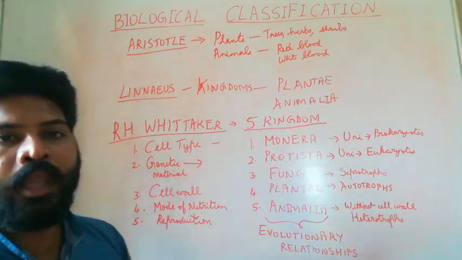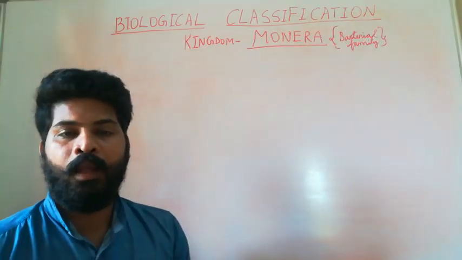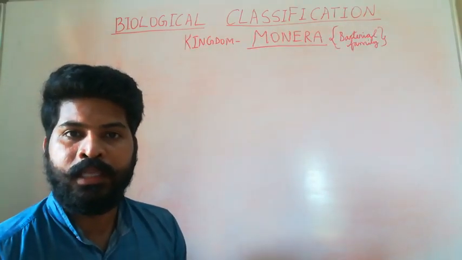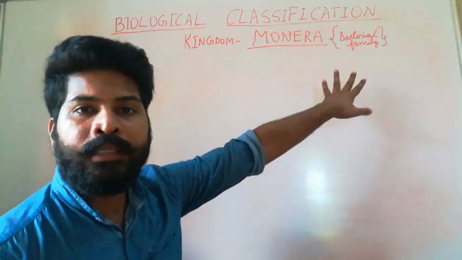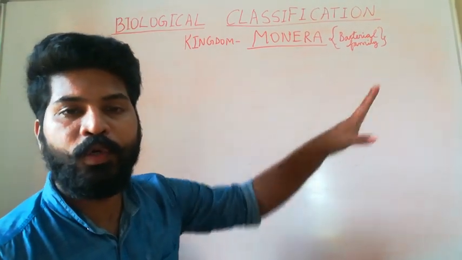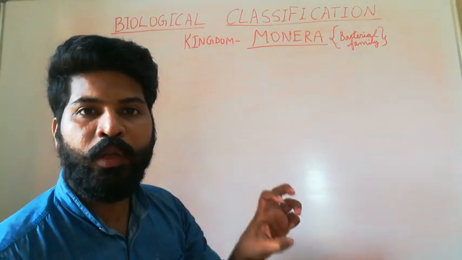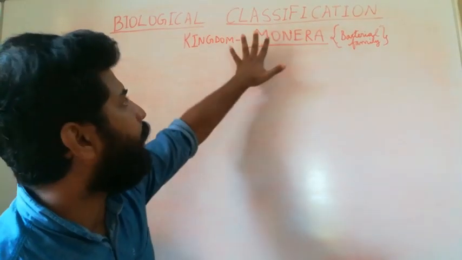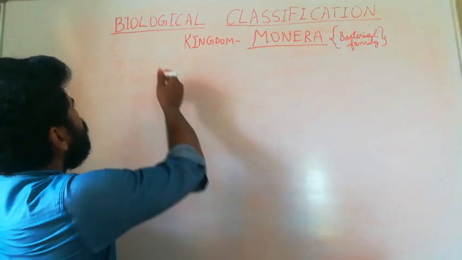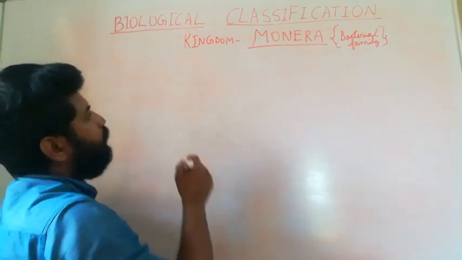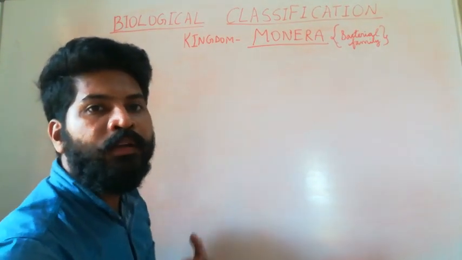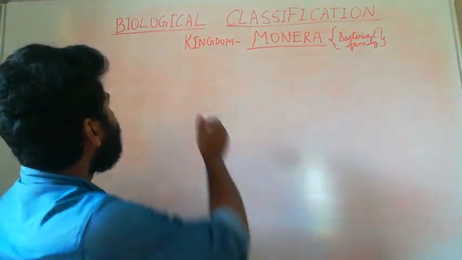Let's begin with kingdom Monera. Kingdom Monera is also called the bacterial family. It includes all the known bacteria in one kingdom, that is Monera. So let us write down the important features of kingdom Monera.